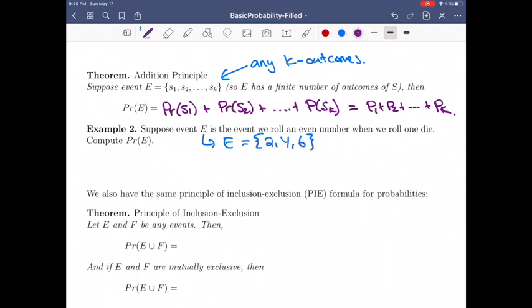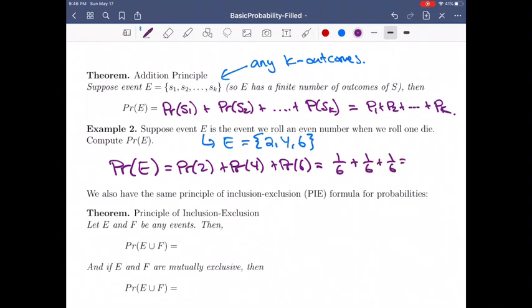Okay, so using this addition principle, the probability of E should be the probability of 2 plus the probability of 4 plus the probability of 6, which would be 1 over 6 plus 1 over 6 plus 1 over 6, 3 over 6, which is 1/2 if we reduce, or 0.5 if you prefer. Now this hopefully makes sense. Half the numbers are even, half the numbers are odd on the dice. So hopefully it seems reasonable to you that the probability we get an even number is 1/2. Okay, so half the time we'll get an even number.